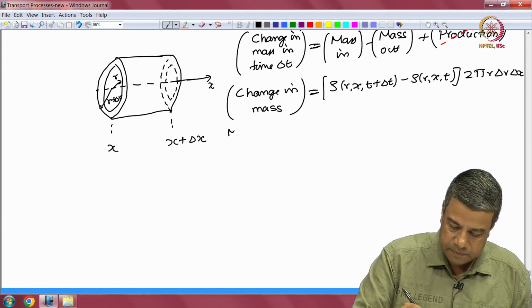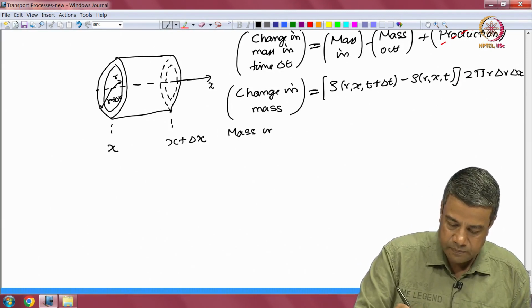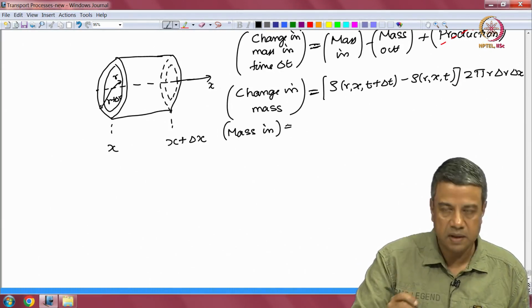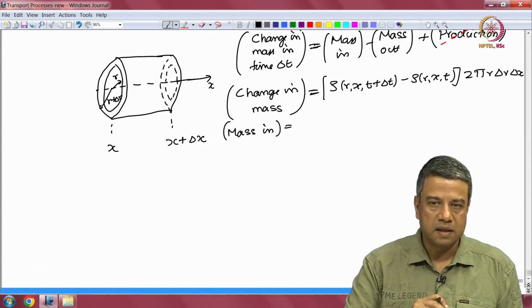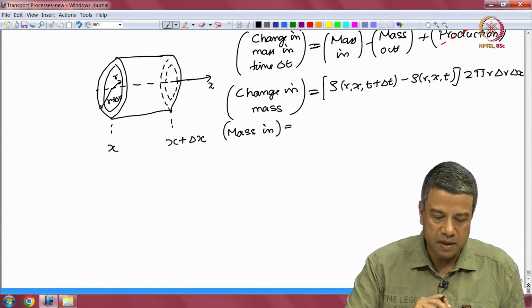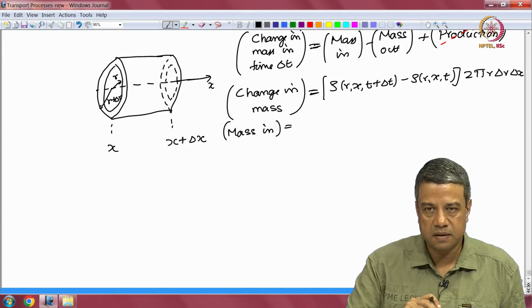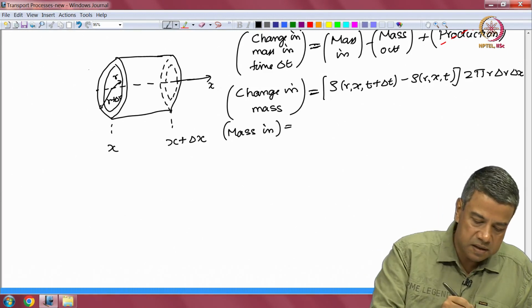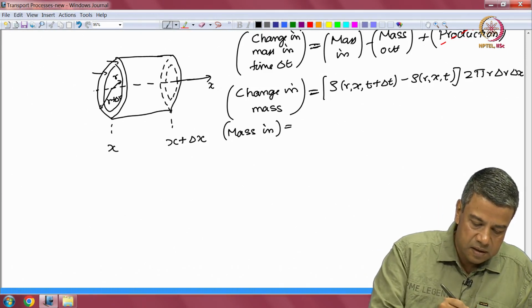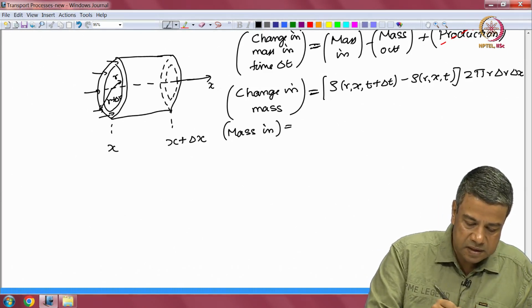What is the mass in? It is going to be equal to the mass density times the perpendicular velocity times the surface area. In this case, mass is coming in at the surface at x for this differential volume.